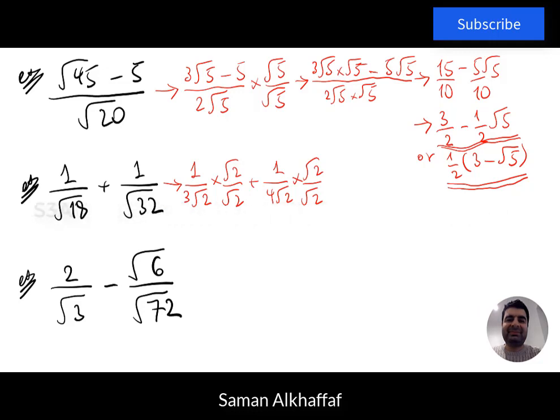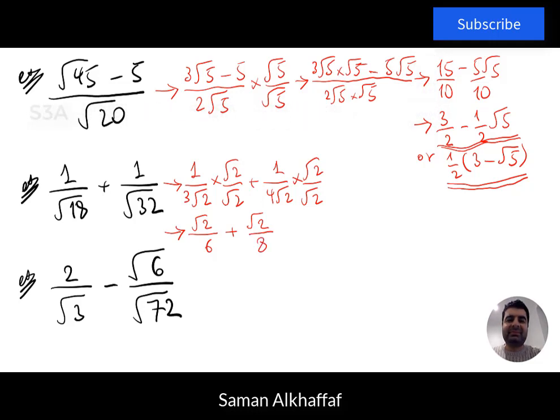Now, to simplify these terms, we would have root 2 over, root 2 multiplied by each other will give us 2, multiplied by 3, that will give us 6, plus root 2 at the top, and we have 4 root 2 multiplied by root 2 will give us 2, multiplied by 4, it will give us 8.